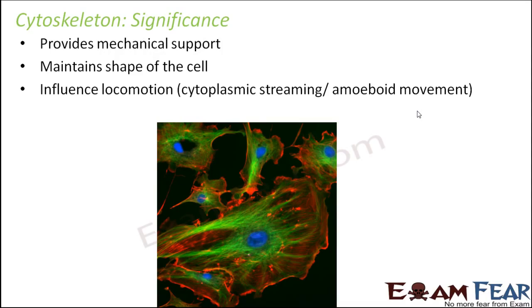This movement is also supported by the cytoskeleton, because that is the base. When you move your hand, can you move it if your muscles or bones do not help you? You can't. Similarly, the cytoplasm can move only if the cytoskeletal structures are supporting it.